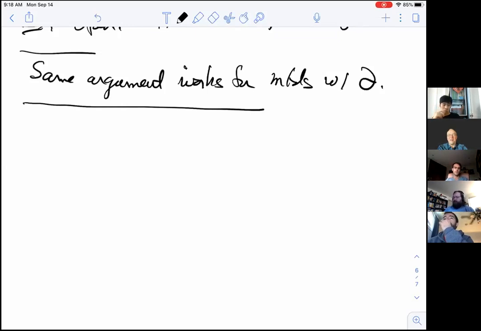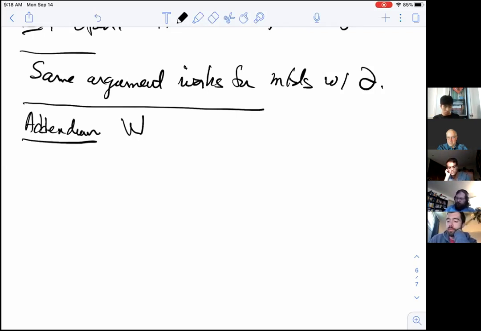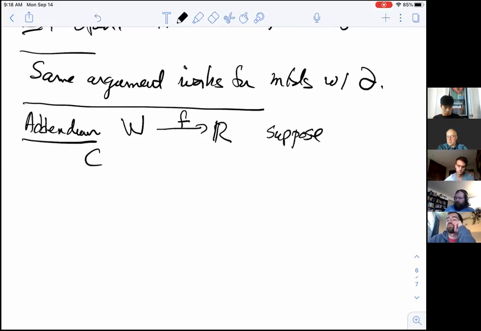Yeah, so one addendum or generalization of this is, suppose you have a manifold, it doesn't have to be compact, a C infinity manifold, and a C infinity function F. And suppose the critical set C is compact.